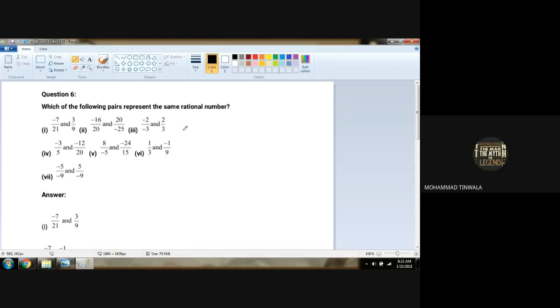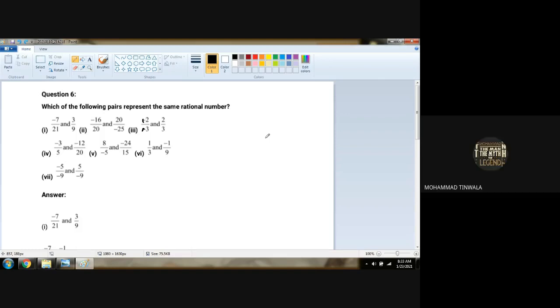In multiplication and division, what do we have to recall? Minus plus is minus. So it is plus only. And 2/3 is automatically plus given in the question itself. So both are equal or not? Equal.